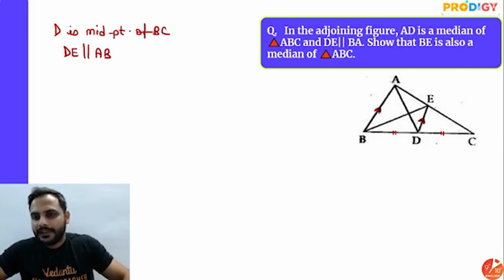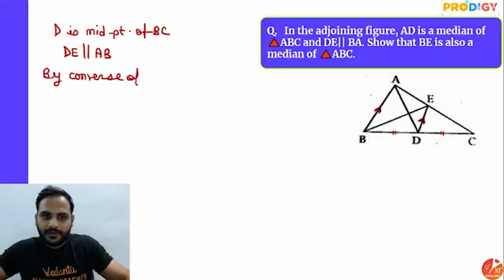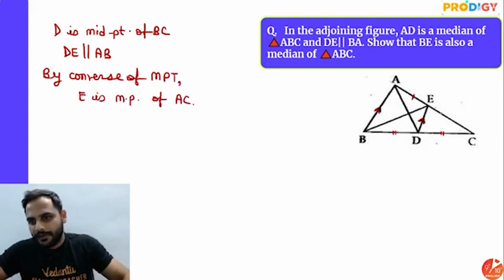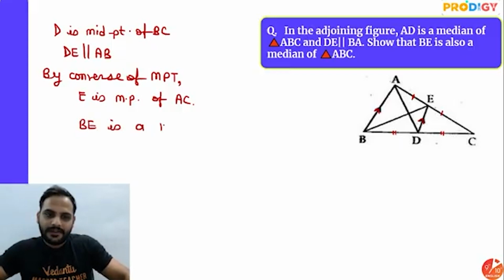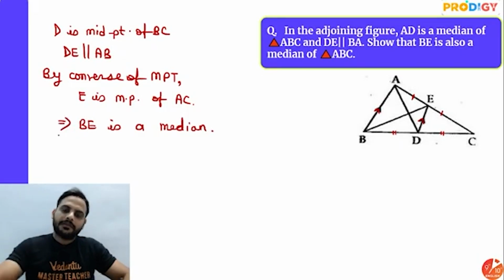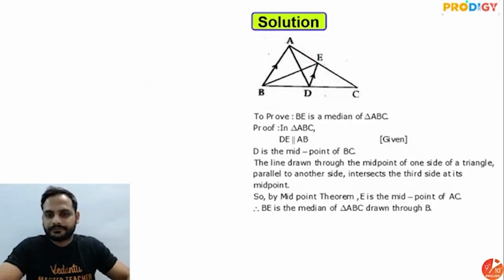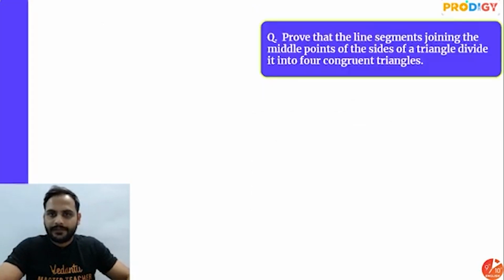Then this line will be bisecting the third side by the converse of the midpoint theorem. We can say E is the midpoint of AC, and if E is the midpoint of AC, I can say hence BE is a median. Done? Easy. All right, next one.